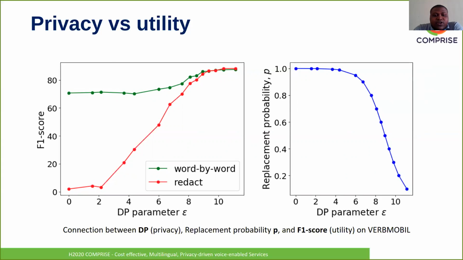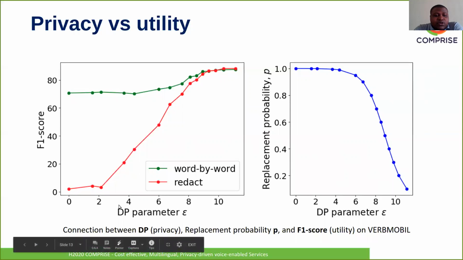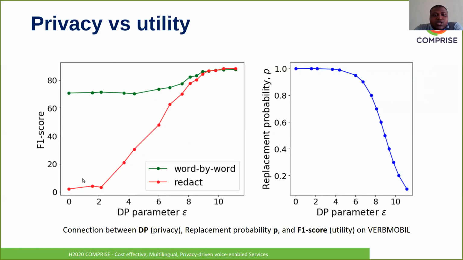When we look at the trade-off, if we do a lot of replacement in the Redact case, this results in very low performance. That's why the F1 score is also near 0 when the epsilon is near 0. But the word-by-word replacement is more robust.